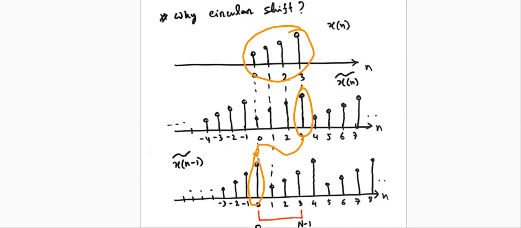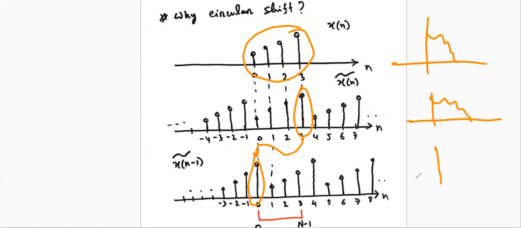So if we say again, for this one the magnitude response looks like this, and for the shifted version we have the same magnitude response. However, the phase response will be changed accordingly.